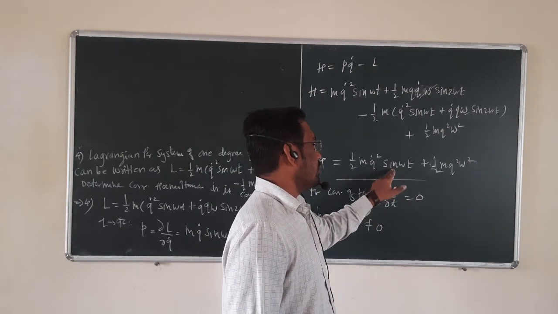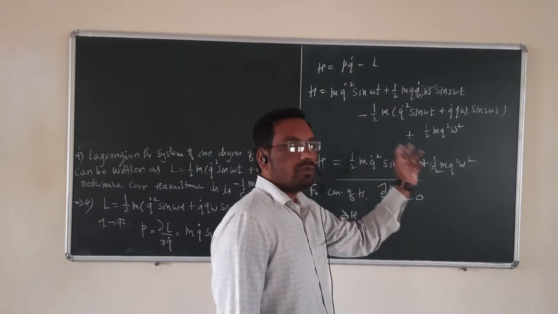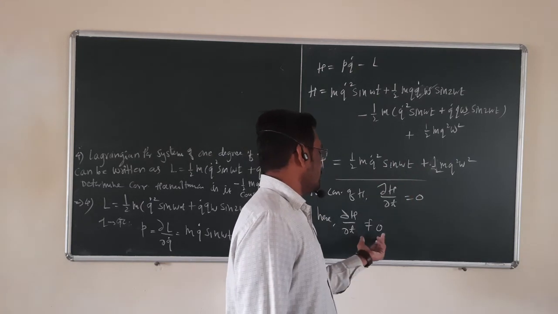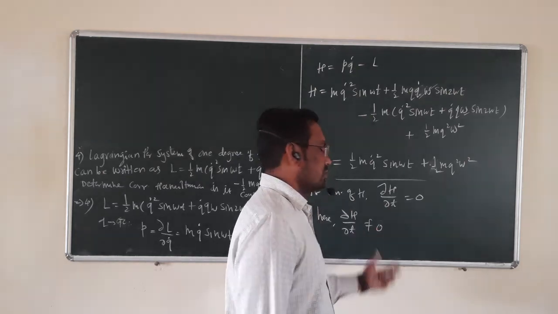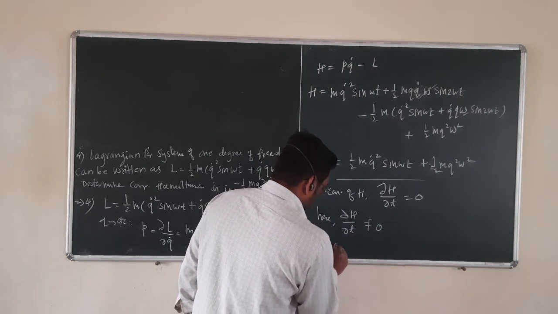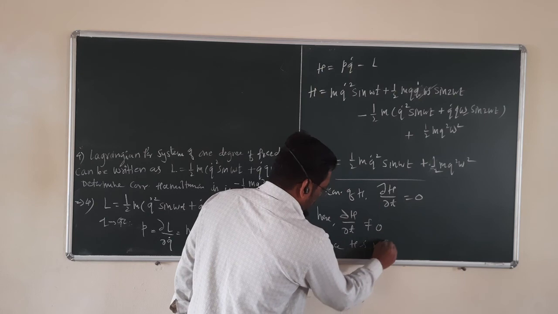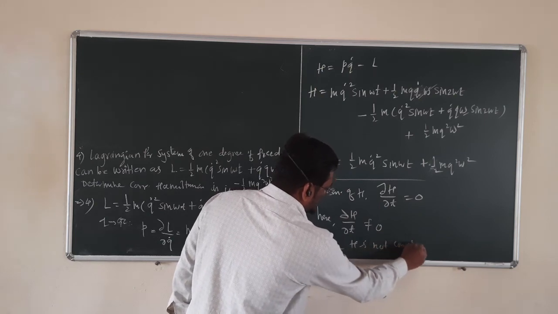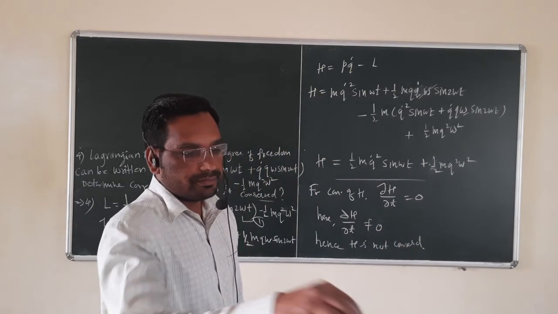The derivative of sine omega t becomes omega cos omega t, so that is not equal to 0. Hence H is not conserved, meaning the Hamiltonian is not conserved here.